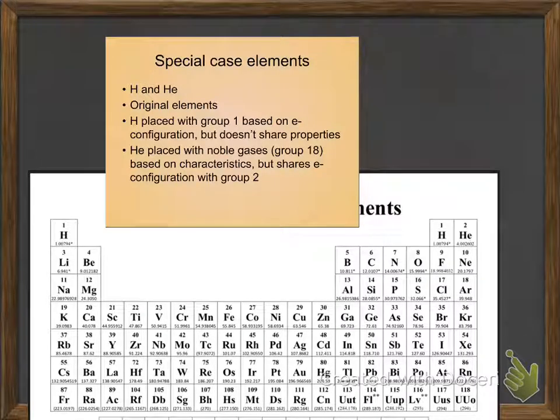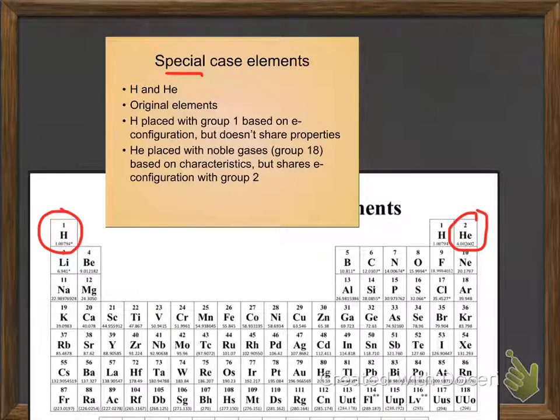A couple quick notes before we delve into all the characteristics of the various blocks. There are two elements which are sort of special cases, and they're special because they're the original elements, hydrogen and helium. The first atoms that would have formed after the Big Bang as protons were forming and neutrons were forming would have been hydrogen, which is, of course, right here, and generally consists of a single proton with a single electron, and helium, which is what you get when you smash two hydrogens together in a sun.